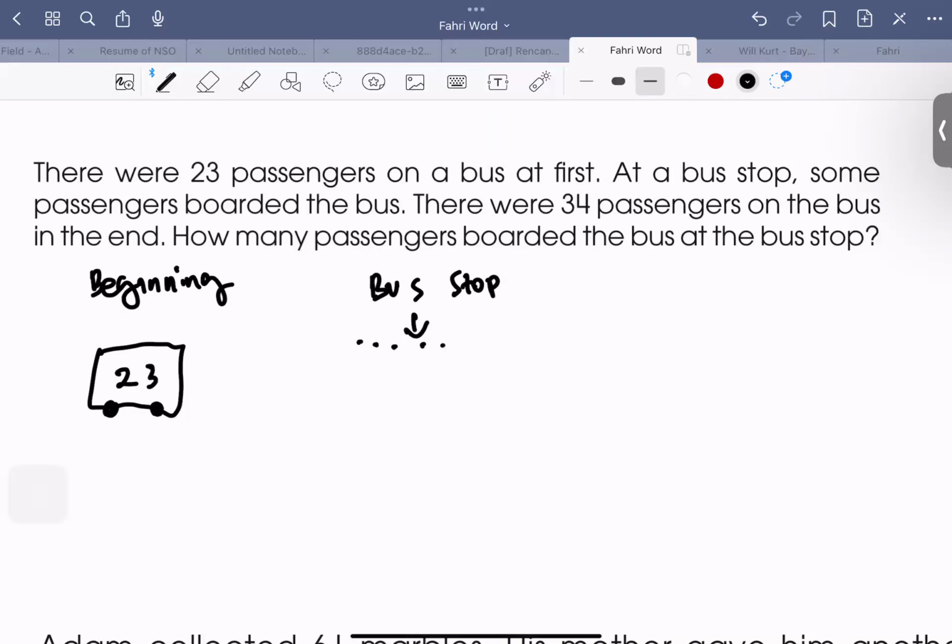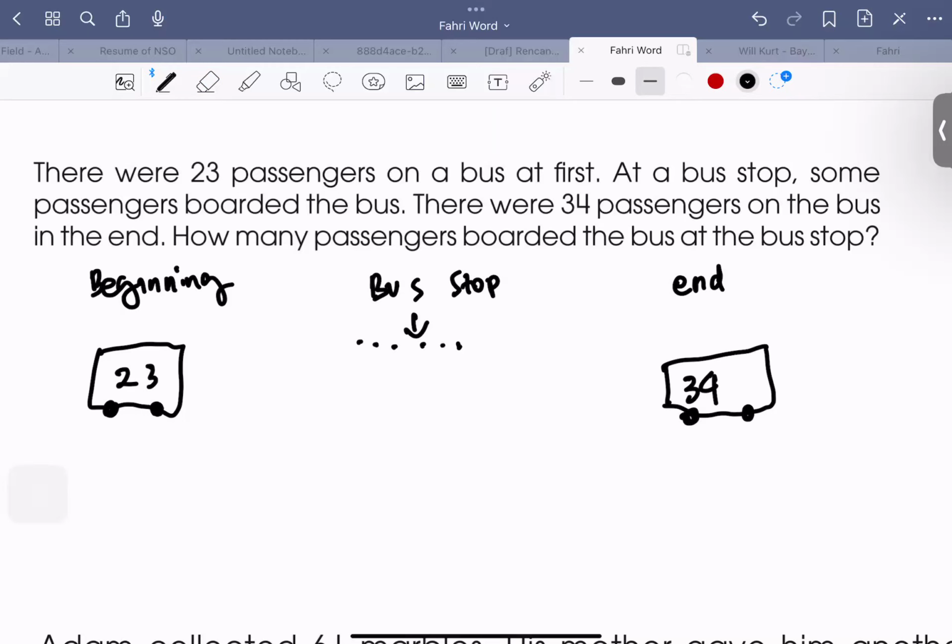However, at the end, we know we will have 34 passengers on the bus. The question is, how many passengers boarded the bus at the bus stop?